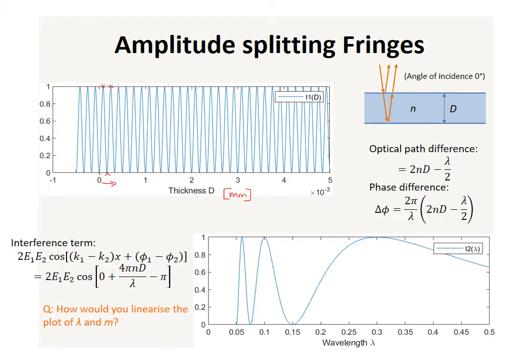We can look at another dependence. This time, how does the brightness of that reflected light depend on wavelength? As you can see in this simulation, at some wavelengths we will have constructive interference, and so the film will appear quite bright at those wavelengths, whereas at other wavelengths we have destructive interference, and that light is not going to be detected at all.